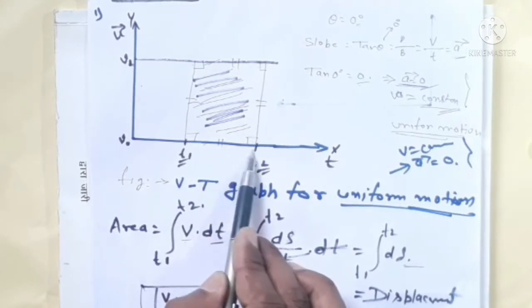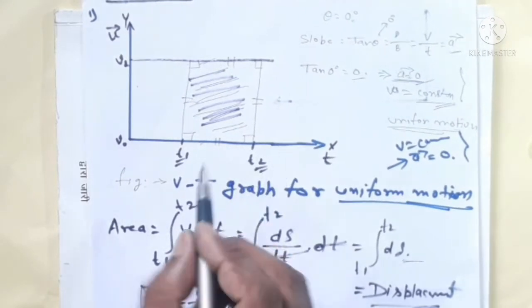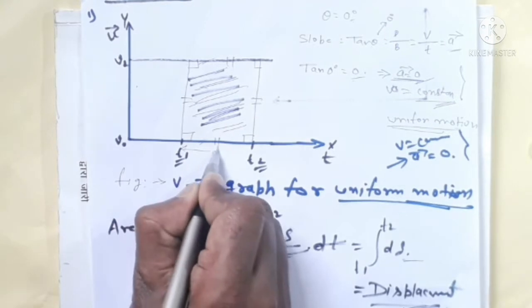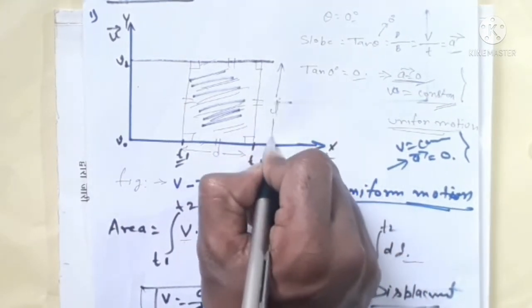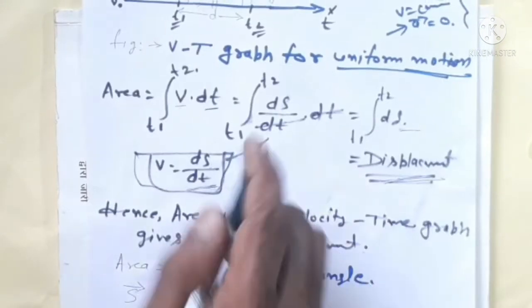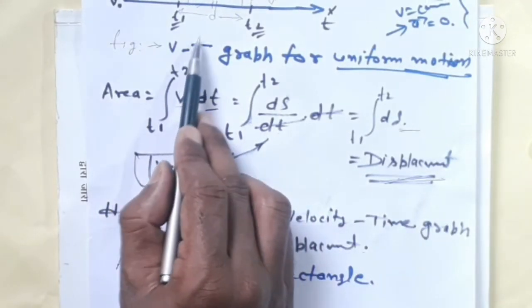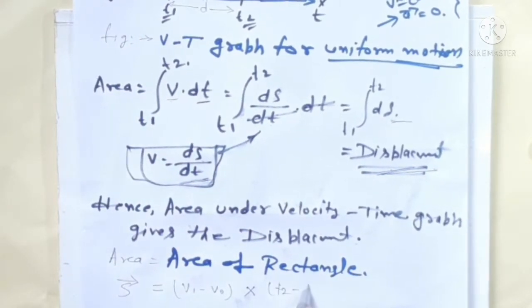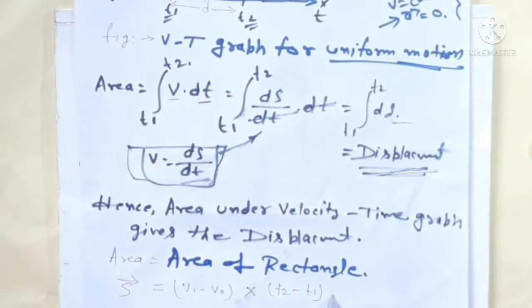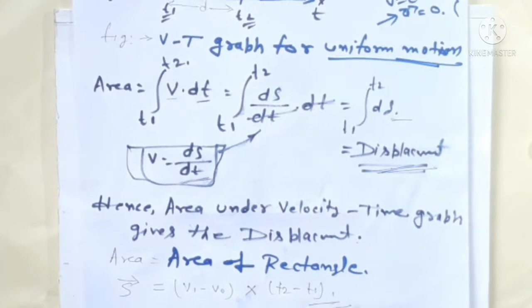This is our width, only this width, and this is the length. Width is equal to t2 minus t1. This is the displacement we find.